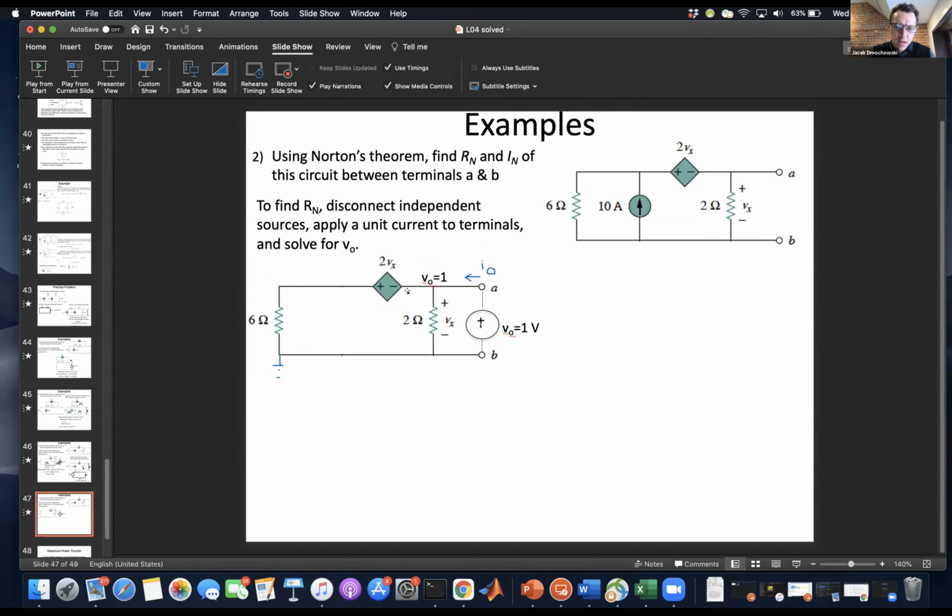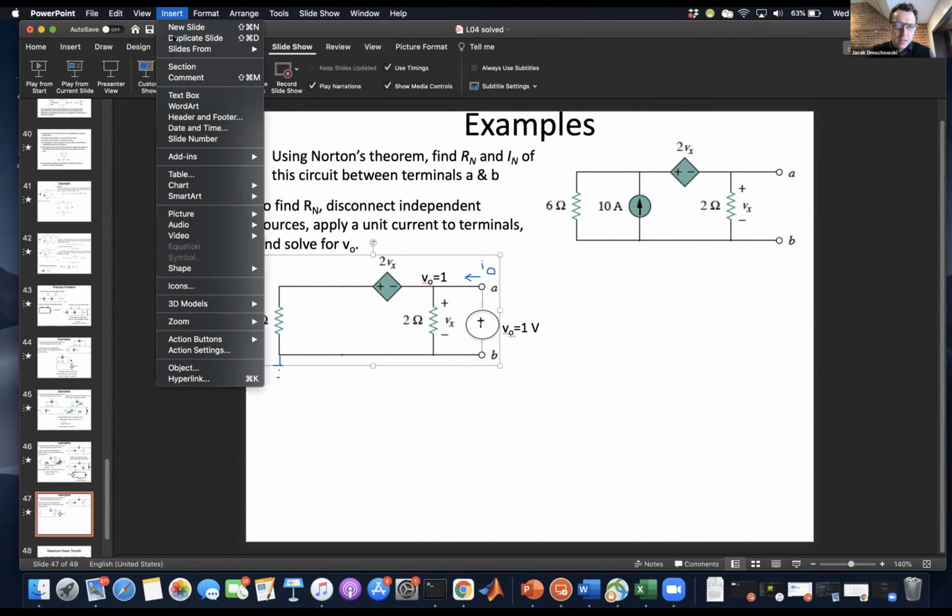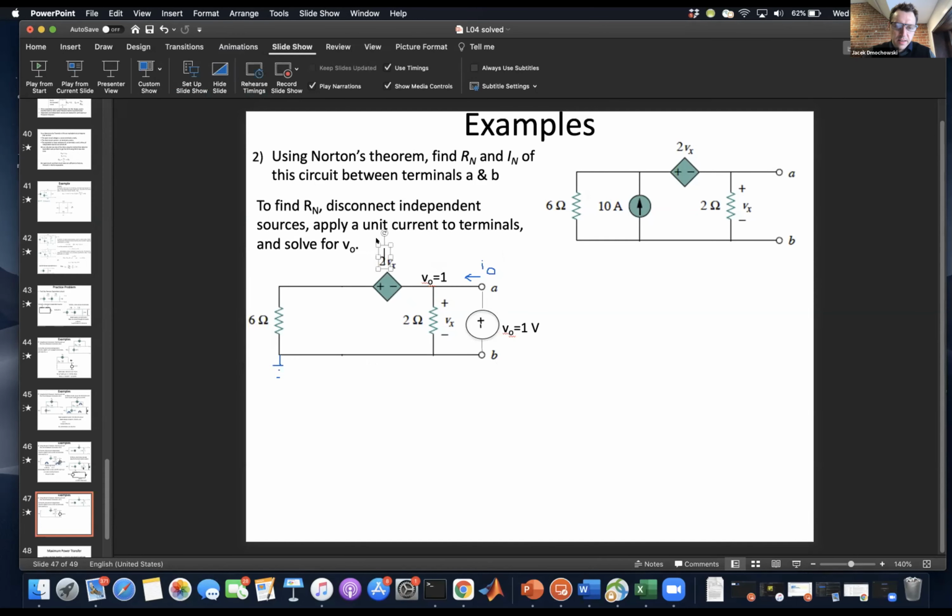And this, I think we're fine. 2 volts. Right. 2Vx is equal to 2 volts because V naught is equal to Vx. So this point here is equal to -3 volts.